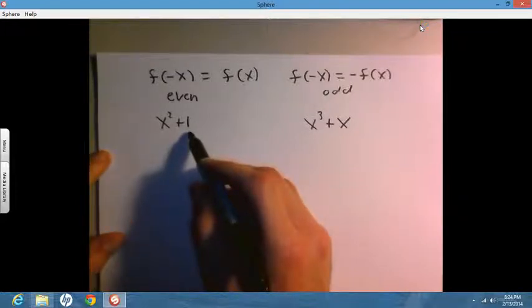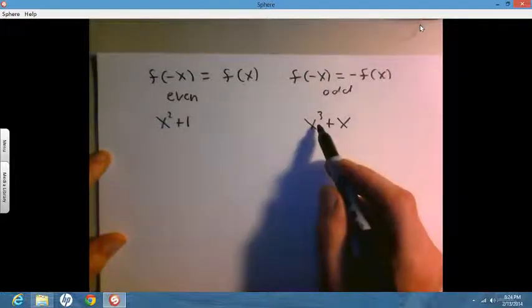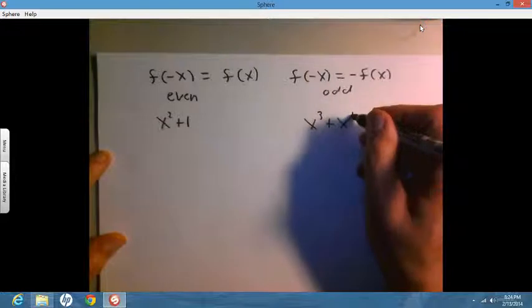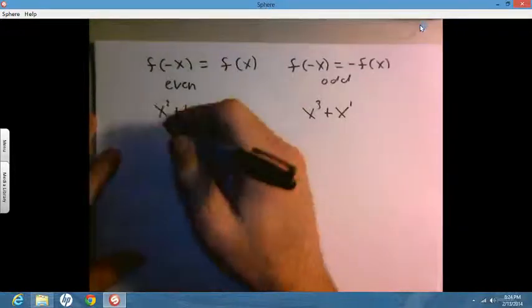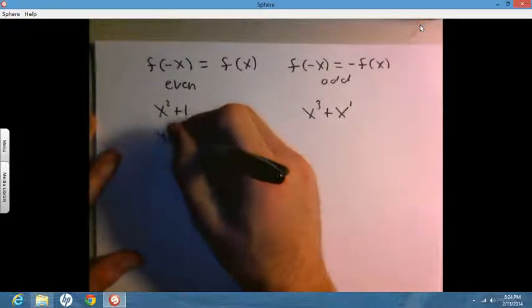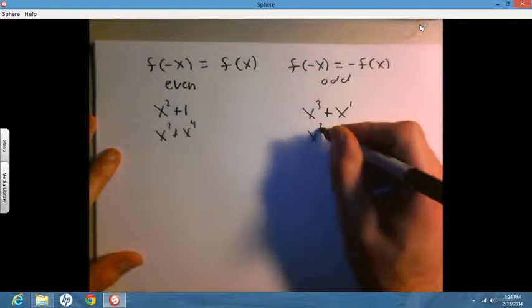And x squared has an even power of x also. Now x cubed is an odd power of x, and x is just x to the first, and 1 is an odd number. Okay, so another example of an even function would be x squared plus x to the 4th. Say x cubed plus x to the 5th would be another example of an odd function.